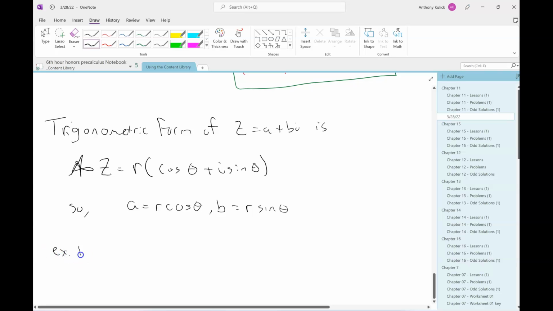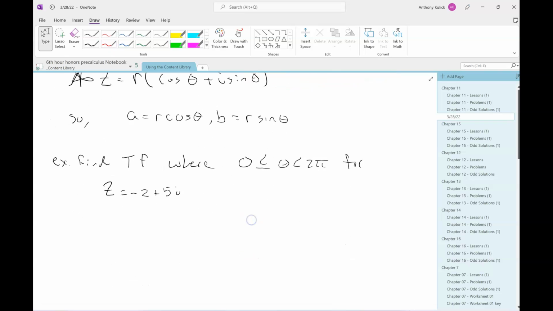All right. So for example, if we want you to find the trigonometric form where theta is between 0 and 2 pi, for the complex number -2 plus 5i.